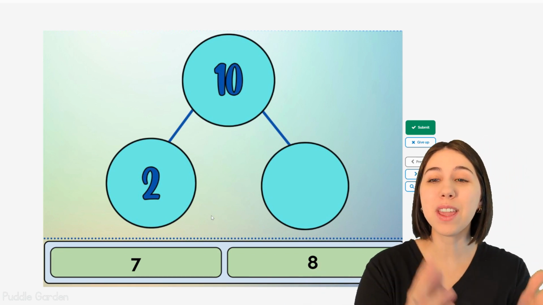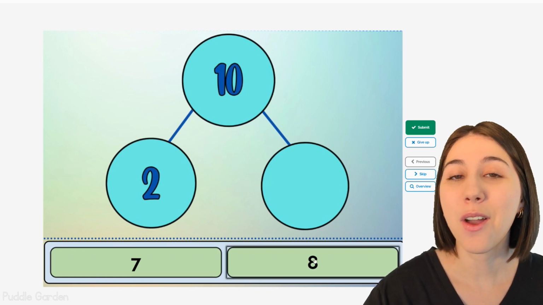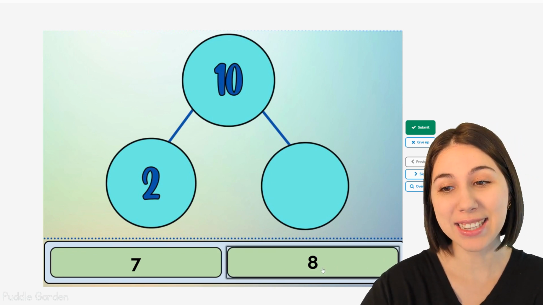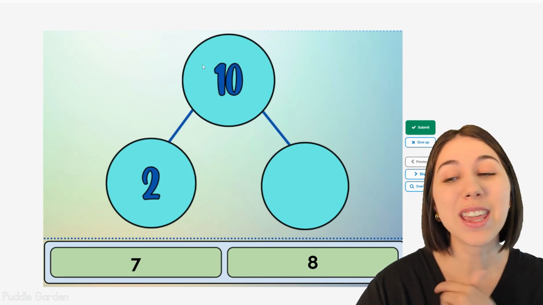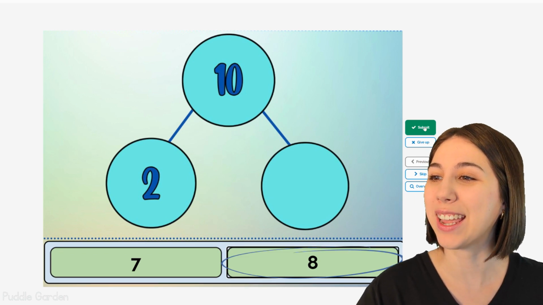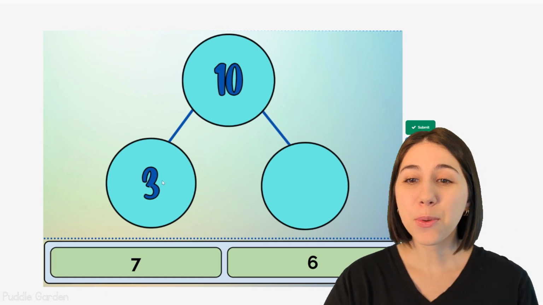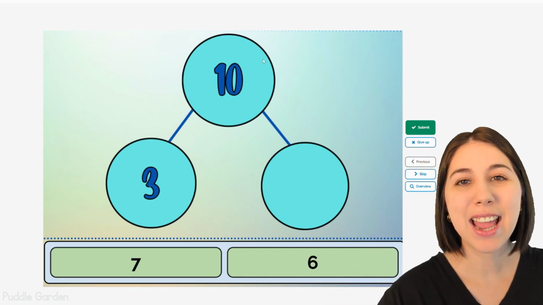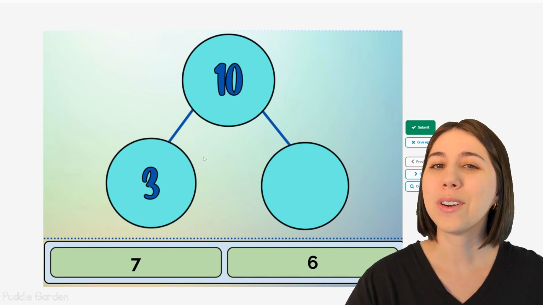So we know that if we have 2 and we add 8 more, it equals 10. Or if we have the number 8 and we add 2 more, it also equals 10. Great job. Let's submit it and let's check it. Yep, we got it. Now we have 3 and we want to get to 10. Do you remember what we add to 3 in order to get 10?